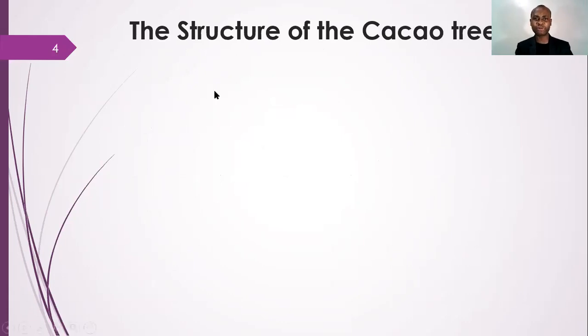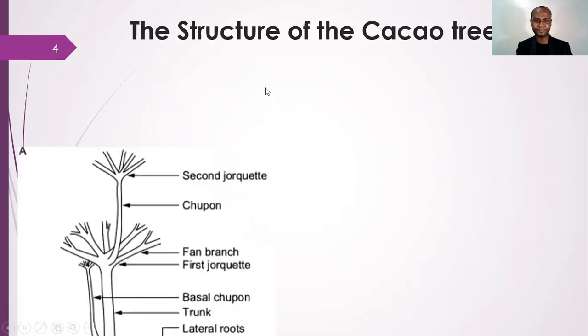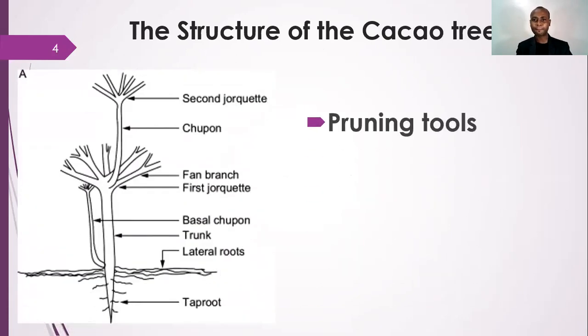Now let's look at the structure of the cacao tree. As you can see in this image here, we have the top root, the lateral root, the trunk, the basal chupon, and then the first jockey. Then the branches will begin.